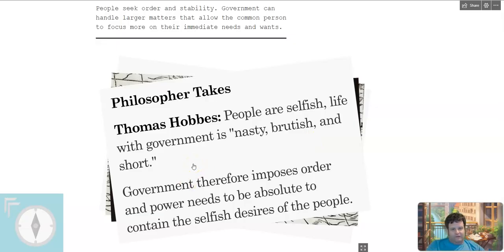Thomas Hobbes is an English philosopher from the early 1600s, and he believed that people are selfish, and government's job is to rein in that selfishness and get them working together. Otherwise, as Hobbes put it, people without government are nasty, brutish, and live short lives. And therefore, government imposes order and uses power to contain the evil people.